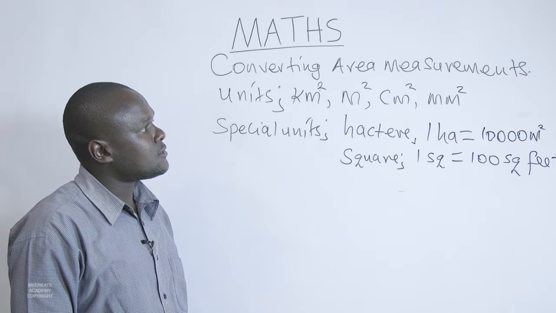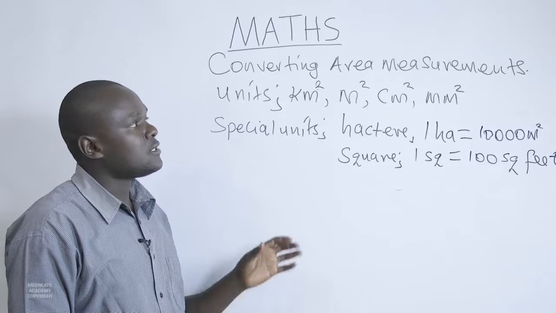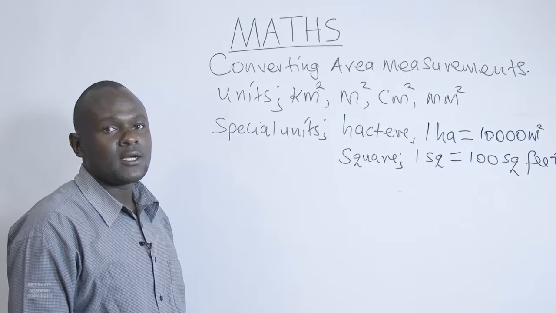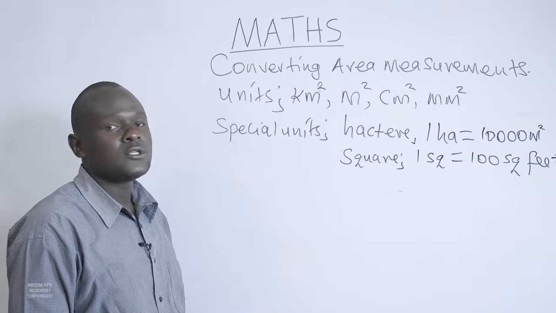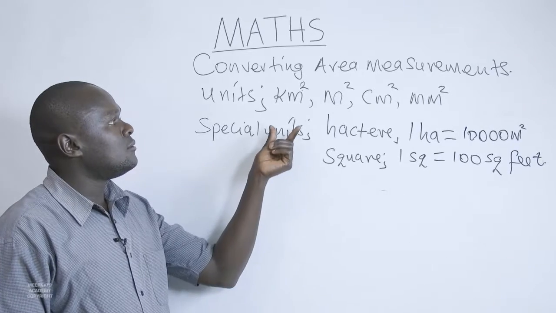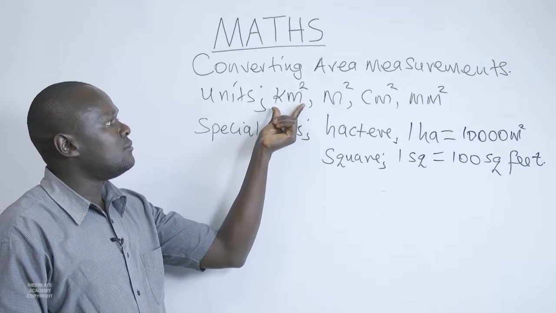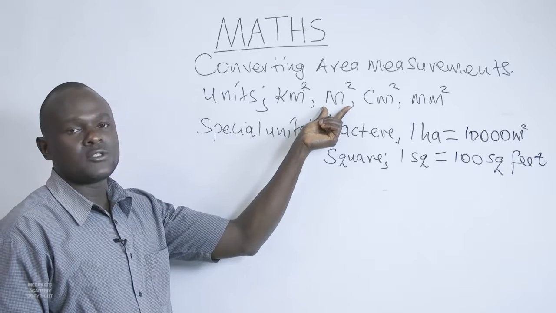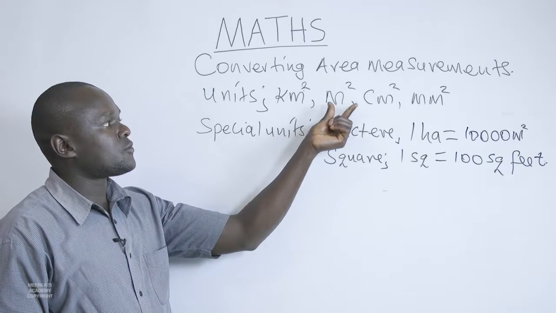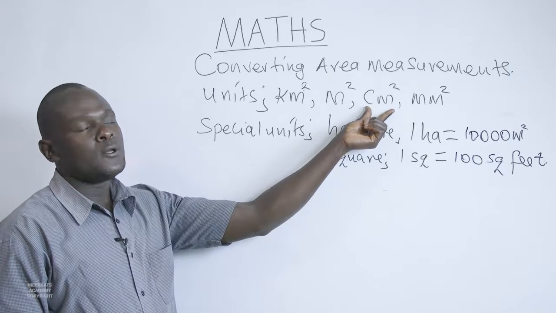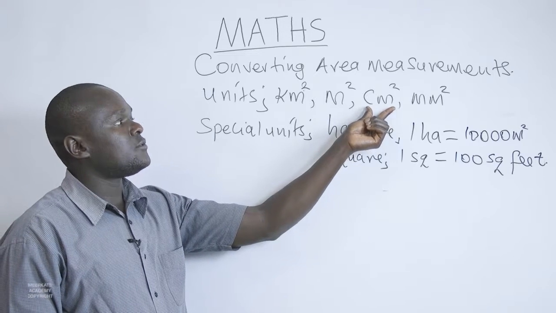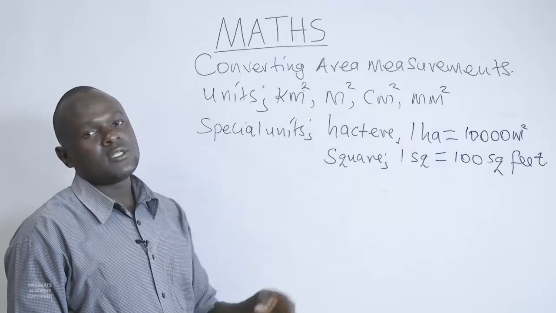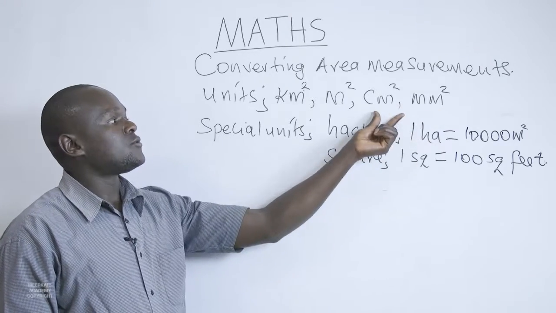I now want us to move on to create a chart that will be helping us to convert from one unit to another. Just for example, we can convert from kilometer squared to meter squared, or even from meter squared to centimeter squared, or we can convert from centimeter squared to millimeter squared, or the reverse is also true.